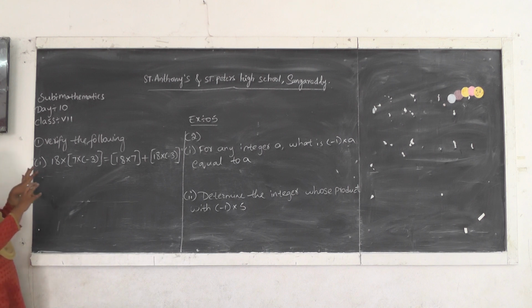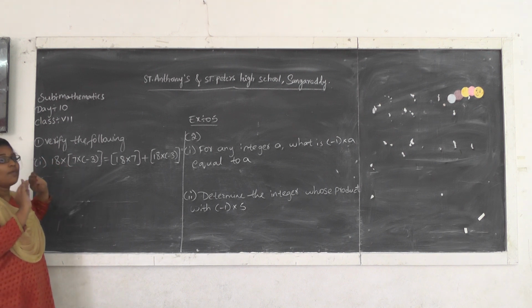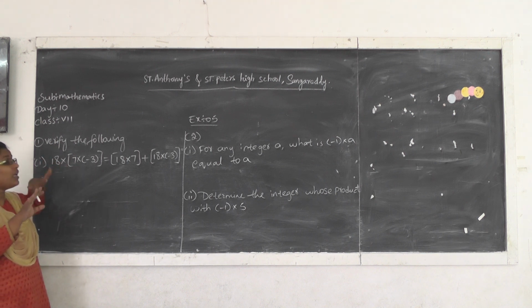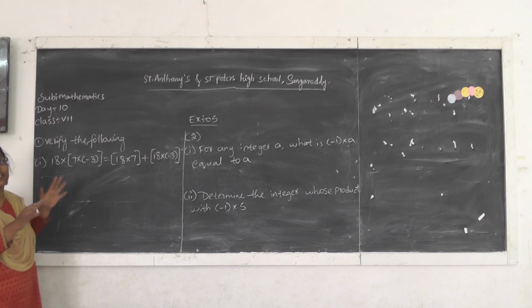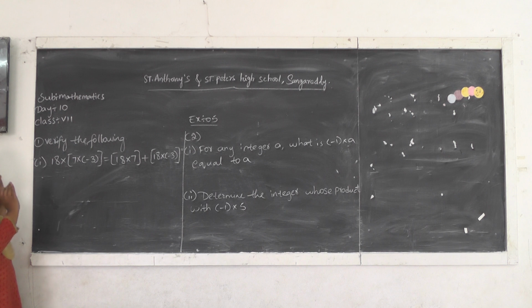By observing the question, which property does it come under? Yes, it comes under the distributive property. How can we identify whether it comes under the distributive property or the associative property? First, how many terms are there? Three terms: one is 18, one is 7, one is 3.